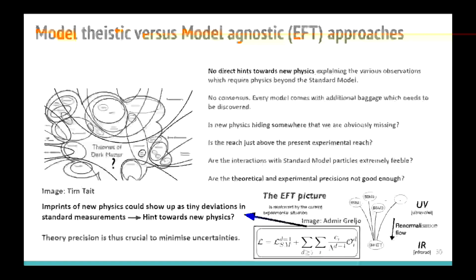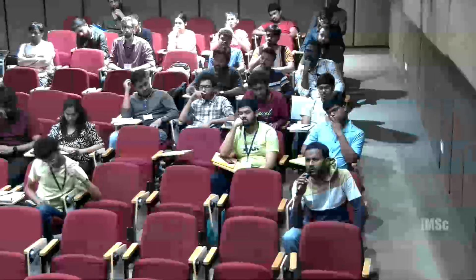Just a naive question: if I think about the standard model EFT, the field content will be the same as the standard model, so how is it going to cover dark matter? Okay, the standard model EFT will not cover dark matter. For that we need beyond standard model EFT, so we need the introduction of a dark matter particle. It just simplifies and writes down the operators.